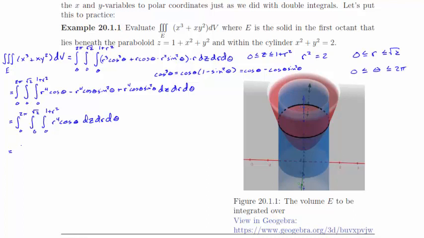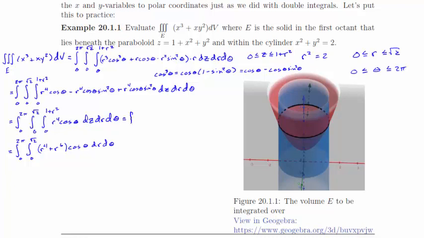So here we get the integral from 0 to 2 pi, the integral from 0 to the square root of 2, and then we get 1 plus r squared times r to the 4th, which is r to the 4th plus r to the 6th, cosine of theta dr d theta. And so that's just by me taking the antiderivative with respect to z.